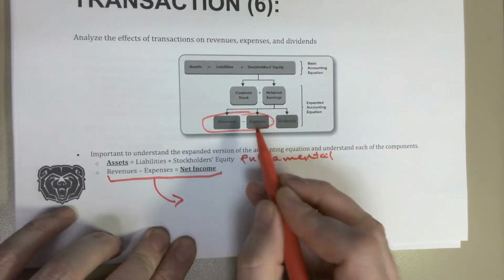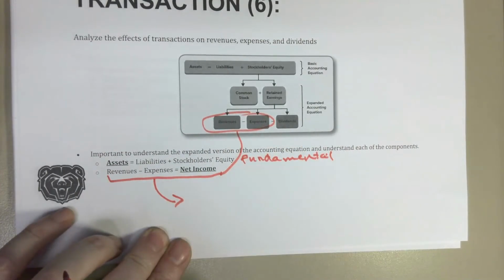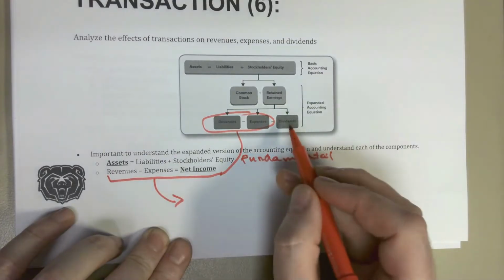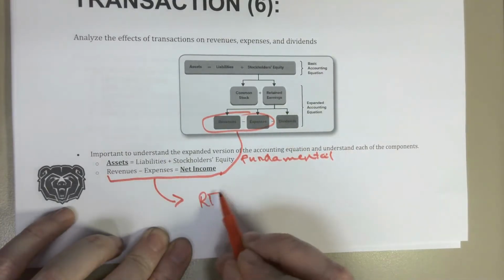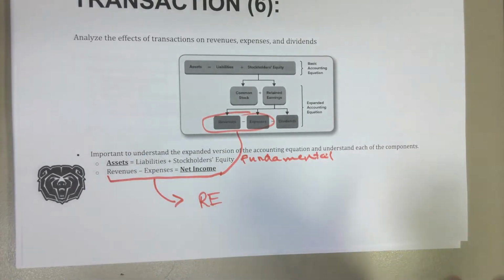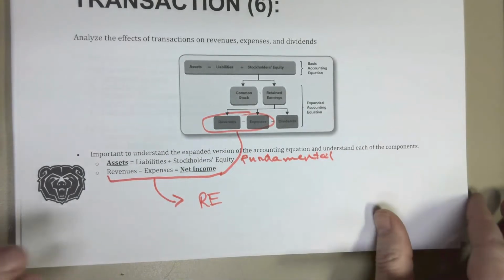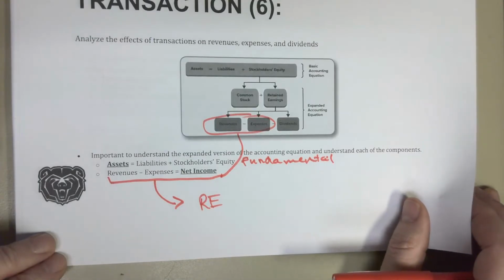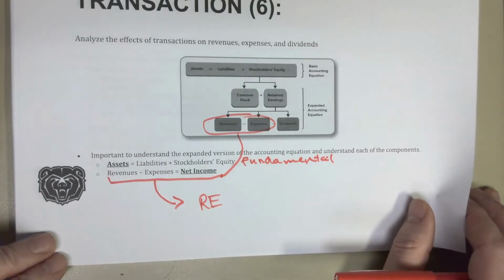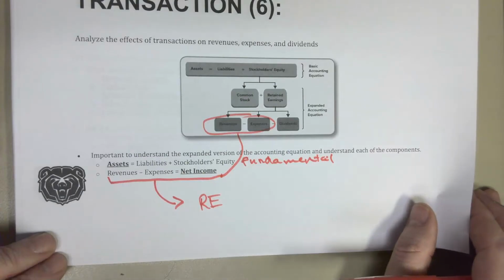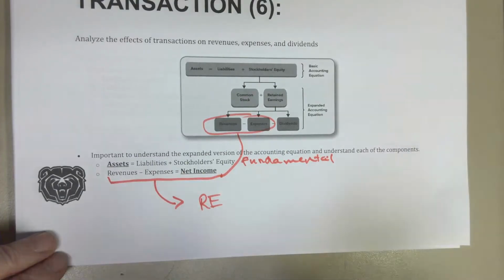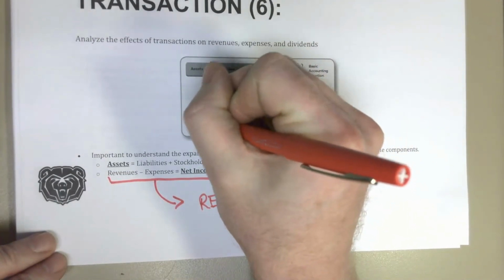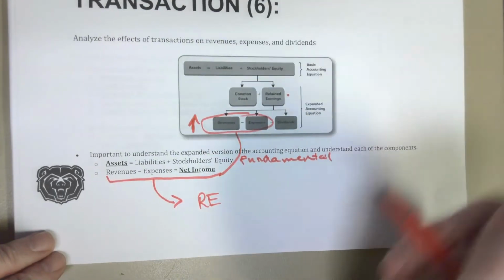That's this part right here, okay? Revenues minus expenses. And then when you reduce that by dividends, that's when you get retained earnings, okay? So make sure you really understand these. It's going to help you a ton when you are looking at questions that ask you about revenue increasing and how does that impact your accounting equation, right? Because we know that it increases your revenue, but what does it do to retained earnings?